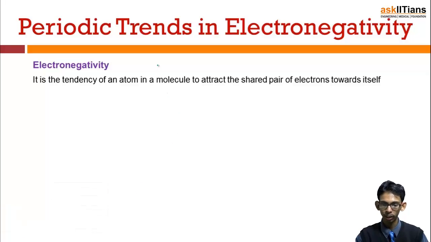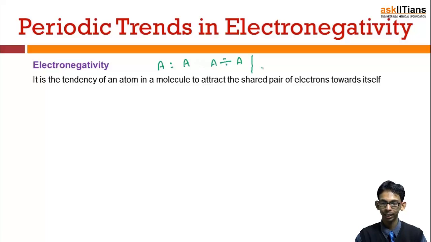Let's say there is a bond formed between two similar atoms A and A. This is a covalent bond and both atoms will share one electron each to form a bond like this. As both are the same type of atoms, they are identical in properties, so the shared pair of electrons will lie in the center, exactly at this point.